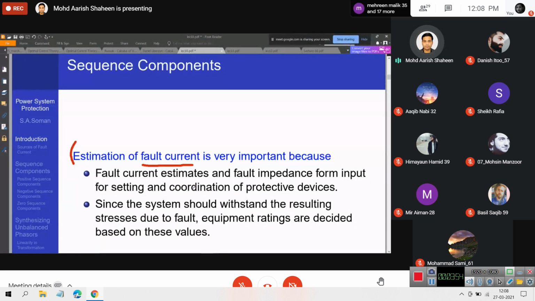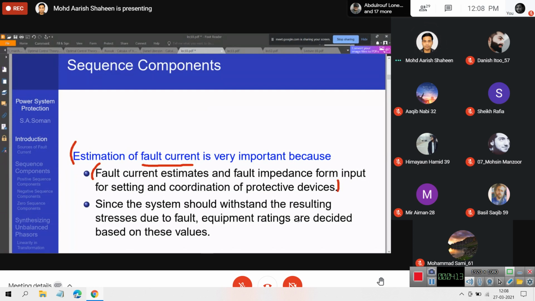By looking at the sequence components rather than the voltages and the currents, we can infer many things about the nature of the fault. Is that clear? So it is a kind of virtual filter that is still used nowadays. It is especially important in setting these relays.